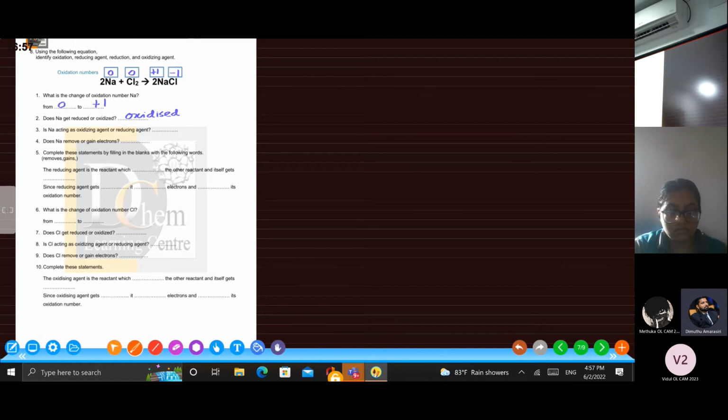In the pattern, which example should always go through your mind? Sodium gets oxidized, so it is oxidized. What happens to the other one? Reduced. Therefore, sodium should be called the reducing agent. Since it is oxidized, you cannot call it an oxidizing agent. Right? We are defining it according to what it does to the others.